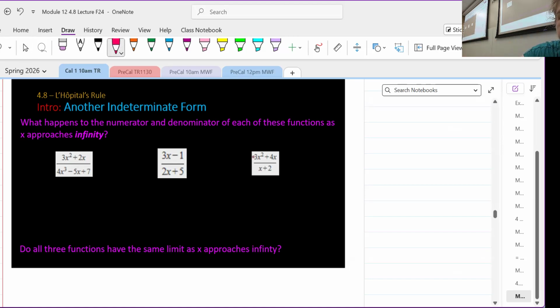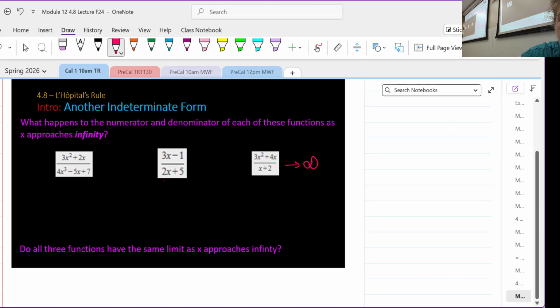So if my numerator is bigger, like my 3x squared plus 4x, all divided by x plus 2, remember we simplified that by ignoring all the smaller powered terms. We focused on the biggest terms, and the limit of that is the same as what the overall function does. So the x squared, the biggest power, is on top. So this limit goes to infinity.